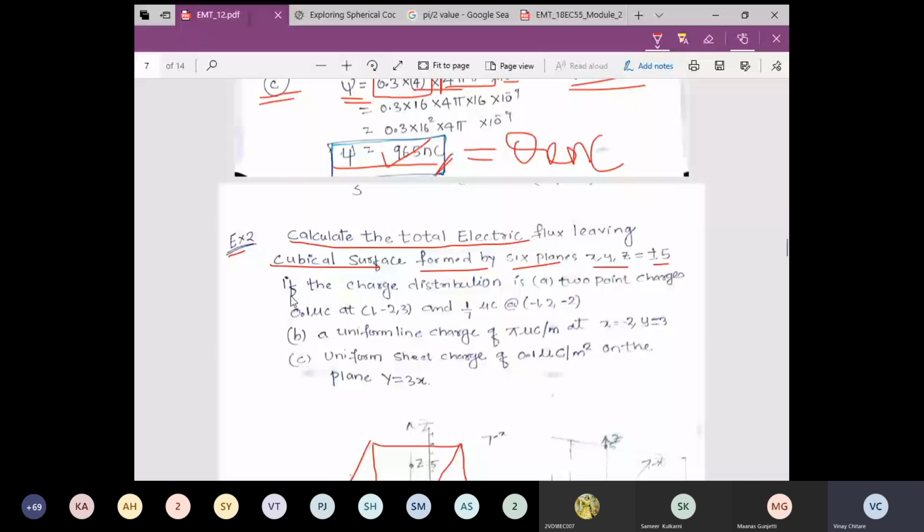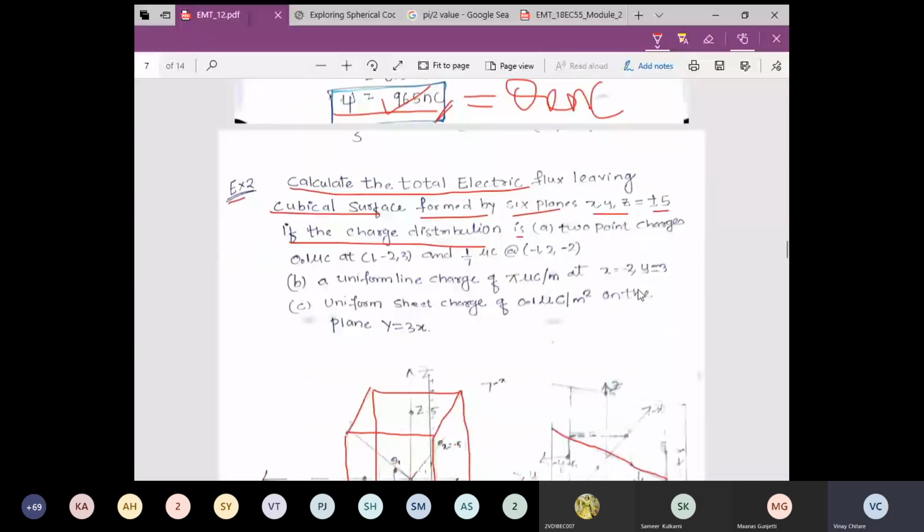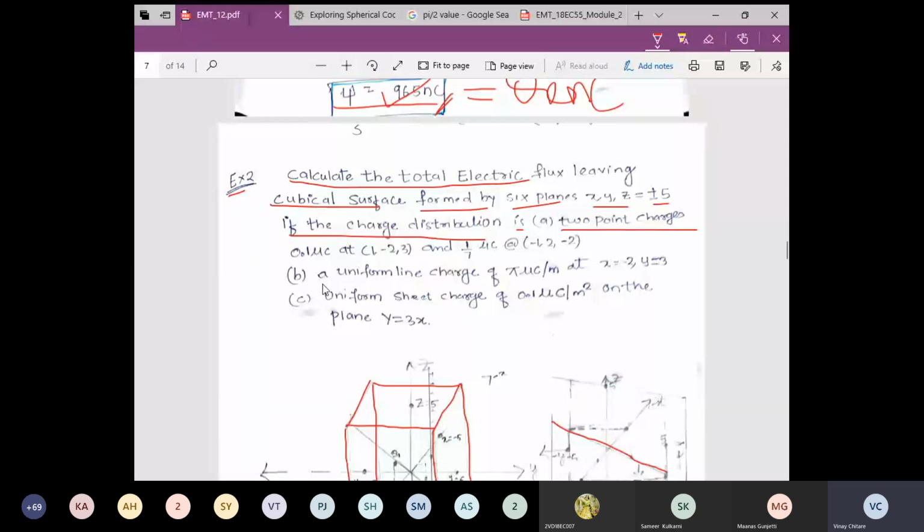If the charge distribution is, first one, 2 point charges: 0.1 microcoulomb at (1, -2, 3), and one more is 1/7 microcoulomb located at (-1, 2, -2).